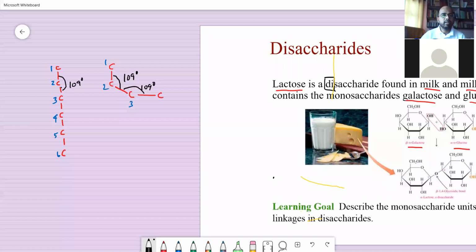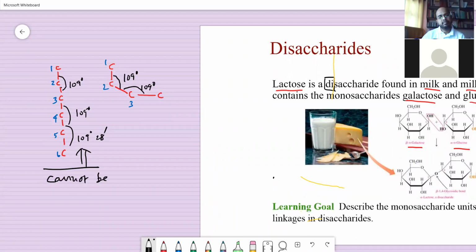So every angle is 109 degrees 28 minutes, but that cannot be a straight chain. So at every carbon atom it has to bend, rather than going straight, it will go like this.